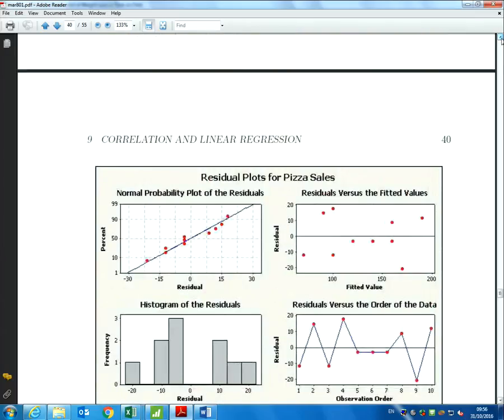Right, so I will just quickly analyse this in Minitab and we'll try to interpret it together.